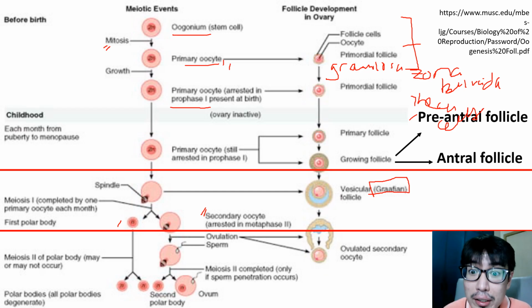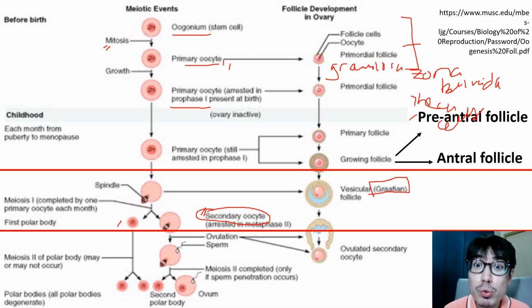The Graafian follicle enlarges further as a result of increasing fluid. The mature follicle becomes so large that it balloons out on the surface of the ovary, and by this time, the primary oocyte has also completed meiosis 1 and is now a secondary oocyte.